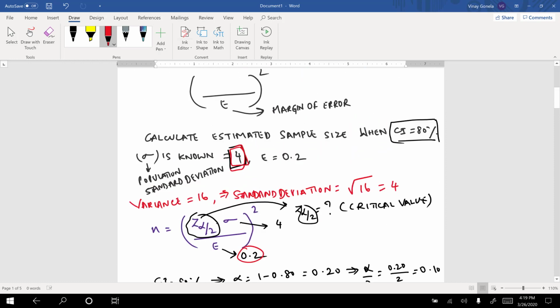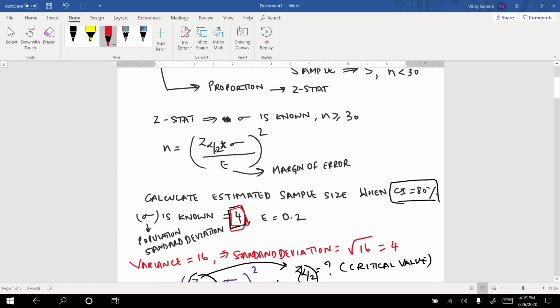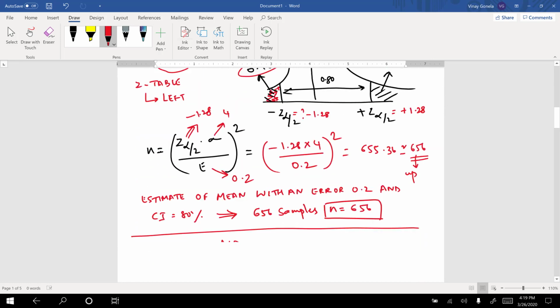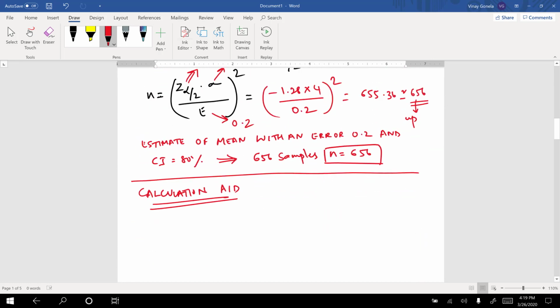So let's see what's given in the question. The confidence interval is 80%, sigma, the standard deviation, is 4, and the margin of error is 0.2. What's next?